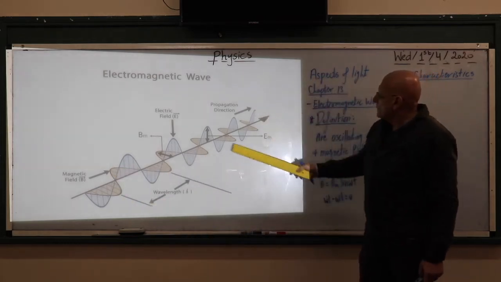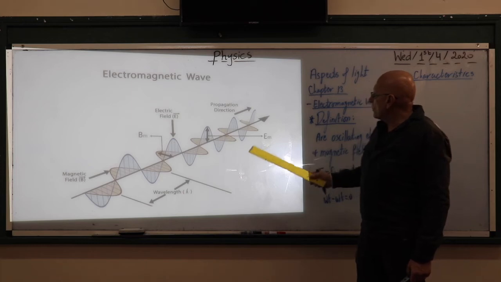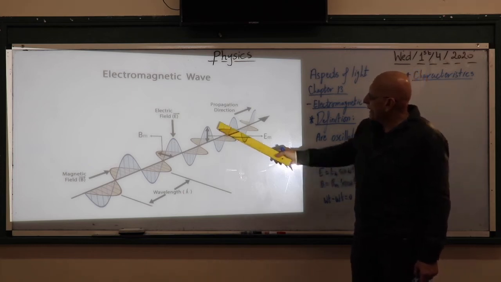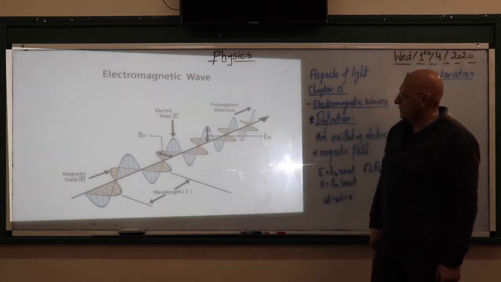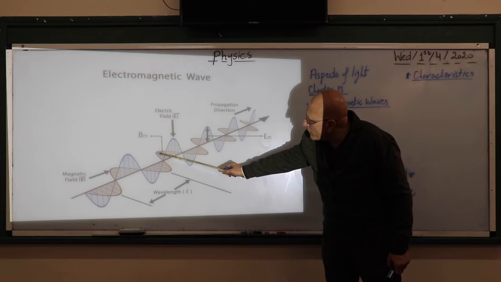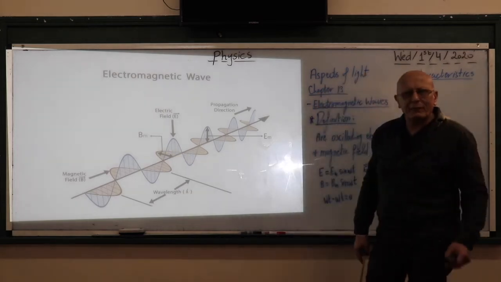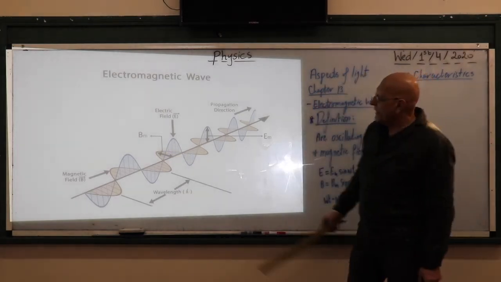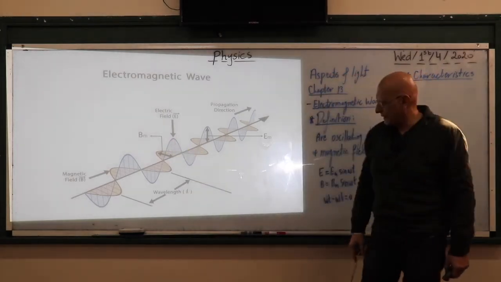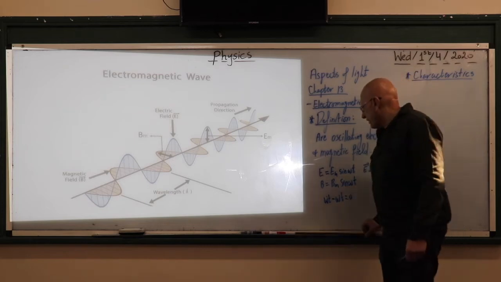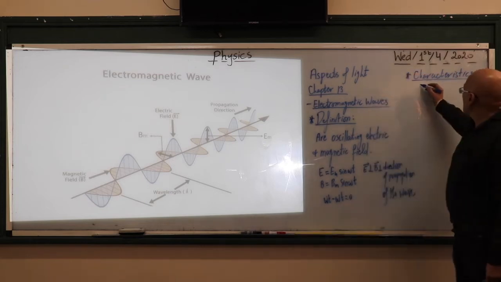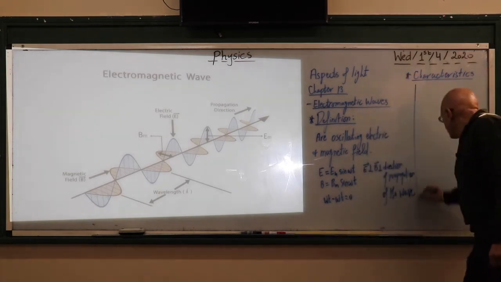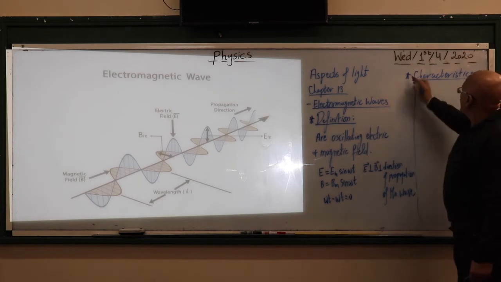Look here. The maximum value of the electric field is the amplitude of the electric field. And the maximum value of the magnetic field is the amplitude of the magnetic field. So the first characteristic I am going to write is the amplitude.